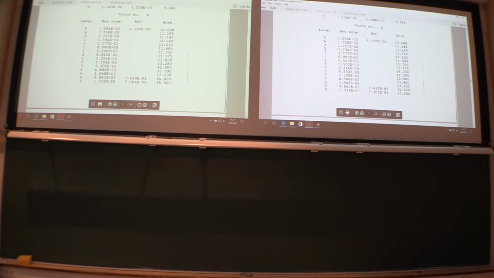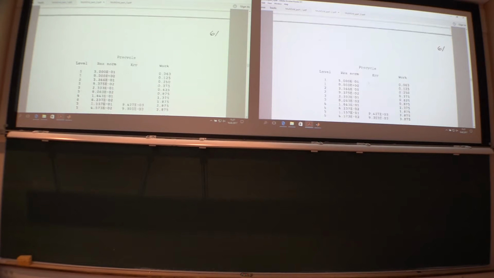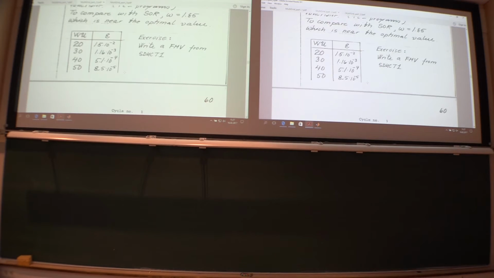So in the end, here you see an anode of 7 to the power of minus 10, and that after only 15.5 work units, meaning 15.5 iterations compared to the SOR up here. But that needed 50 to get to the same anode level, so definitely more efficient.